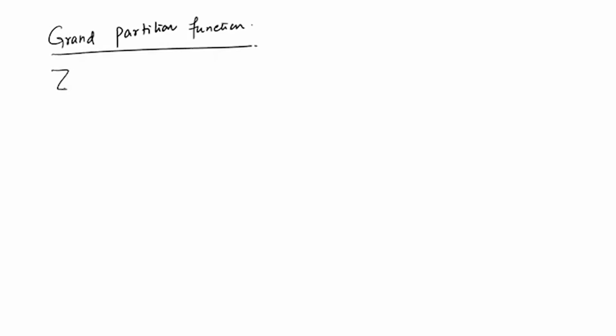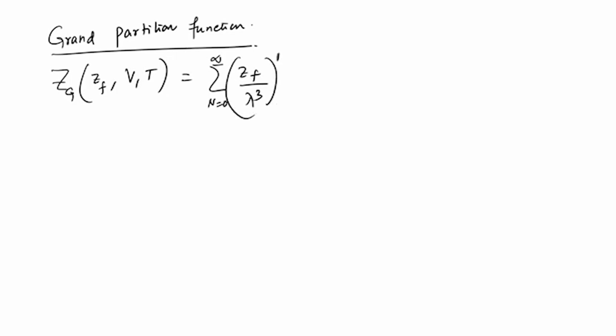So that's Z_G. Now we no longer write it as NVT, so we write it in terms of the fugacity, which is z_F equal to exponential beta mu, or you can just simply write it as mu. This becomes equal to the sum over n equal to 0 to infinity. This makes it easier: z_F divided by lambda cube whole to the power n, and now we have Z_n(V,T) divided by this n factorial.